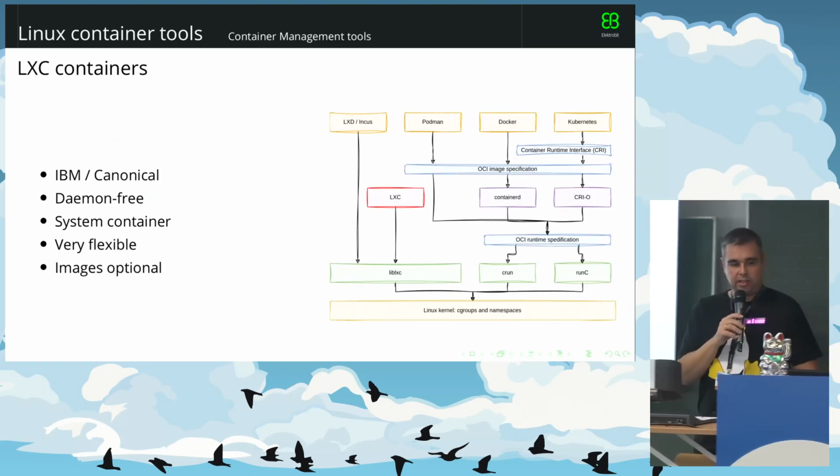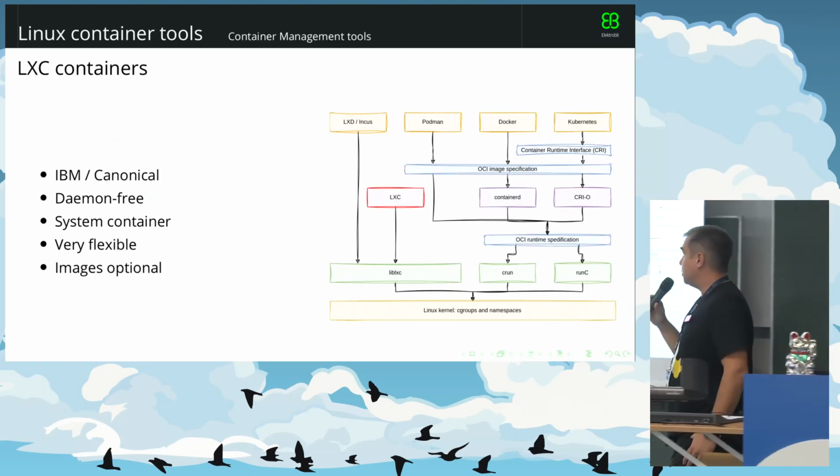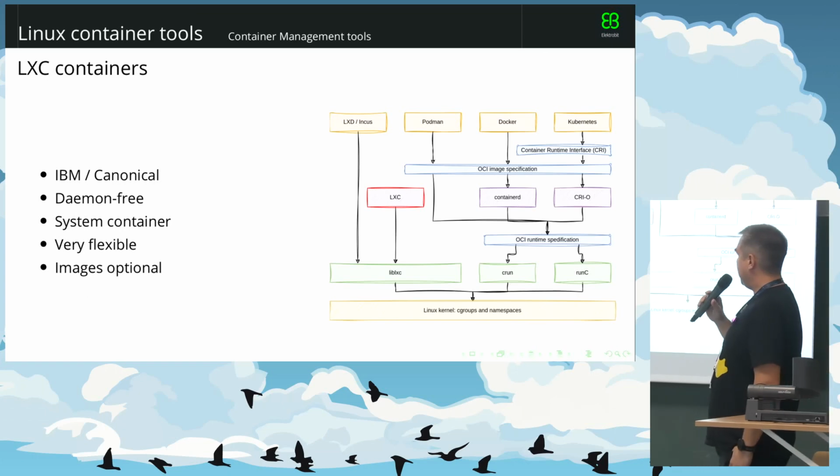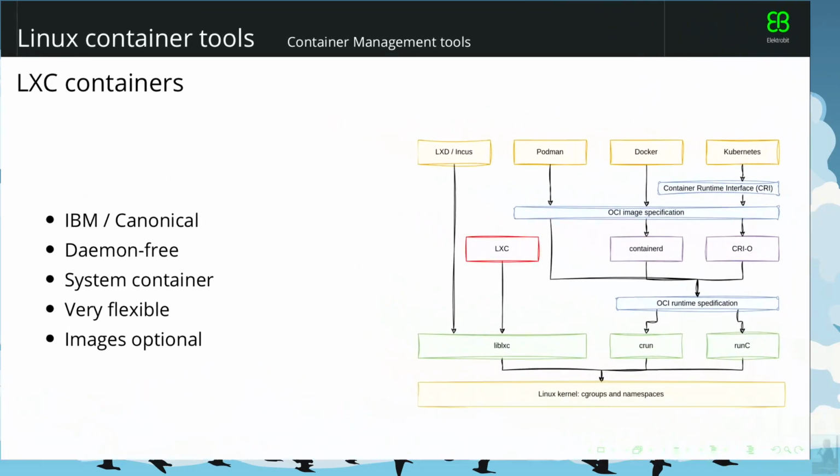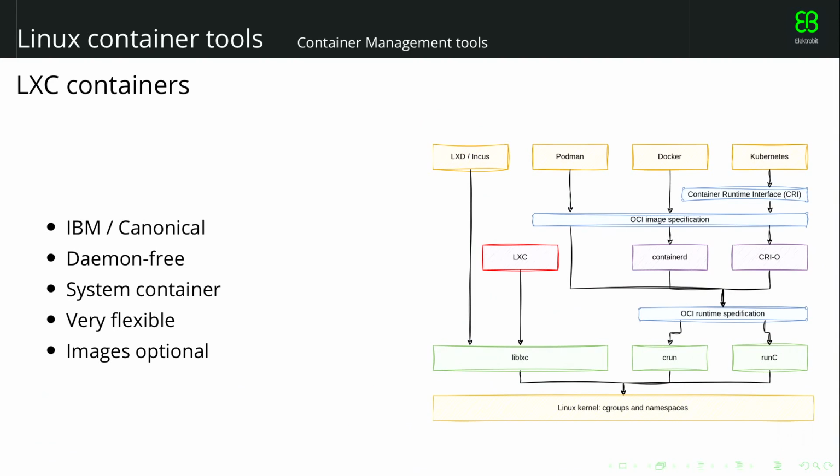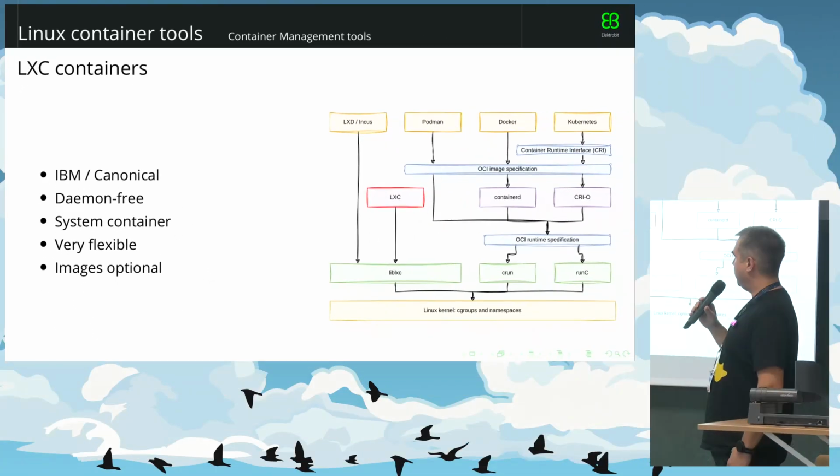Okay, then let's take a look at these tools. In the very beginning, it started with LXC, which was developed in parallel to the namespace and cgroups features in the Linux kernel. LXC was in the beginning founded by IBM and later taken over by Canonical. LXC is quite old.